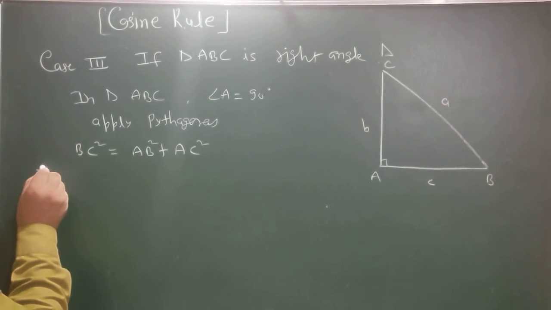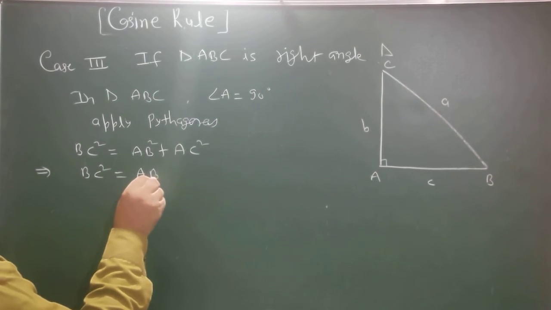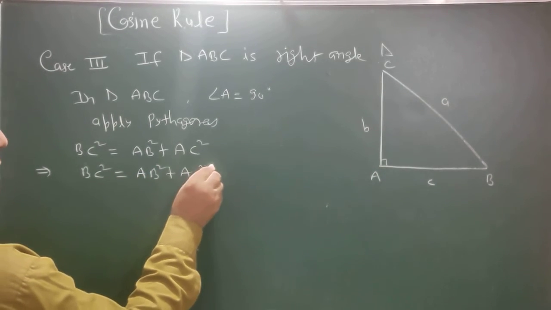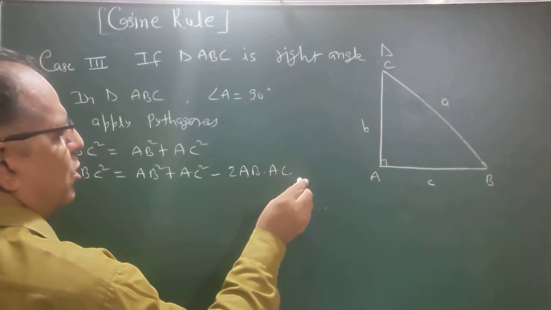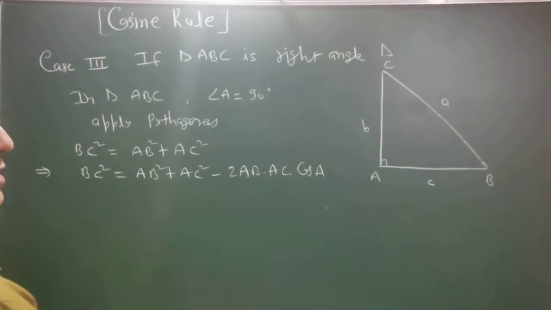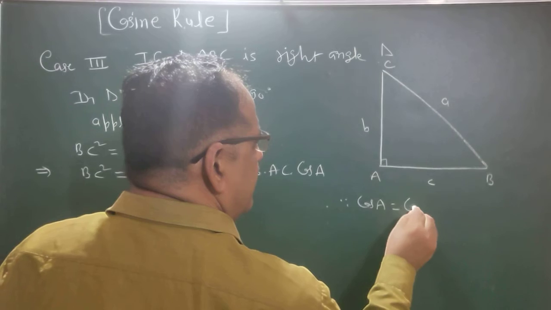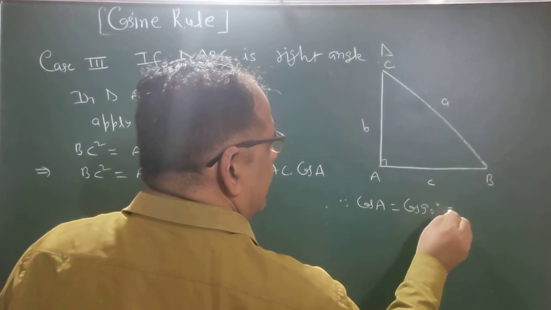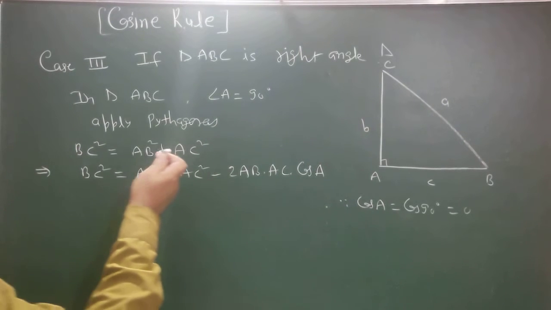This can be expanded for our need: AB square plus AC square minus 2AB into AC cos A. This can be written so here, because cos A means cos 90 degrees, this is equal to 0. So this is the extra term added for the proof of the formula.